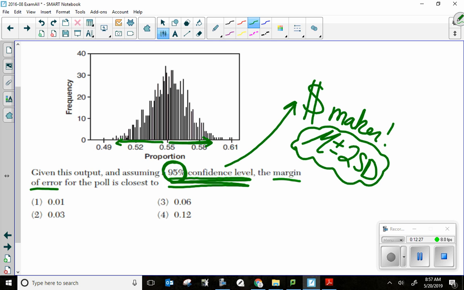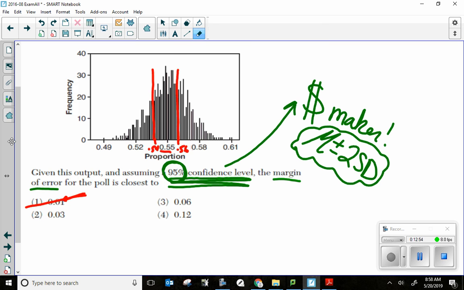For example, let's take a look at choice 1 here, 0.01. I will do this one in red. If I add and subtract 0.01 to my middle, I'd get 0.56 and 0.54. Does that look like it covers 95%? No way. That looks like it barely covers 50%. That's not an option.